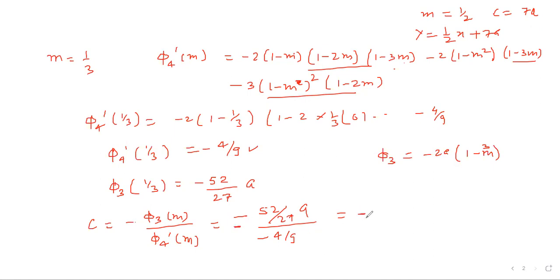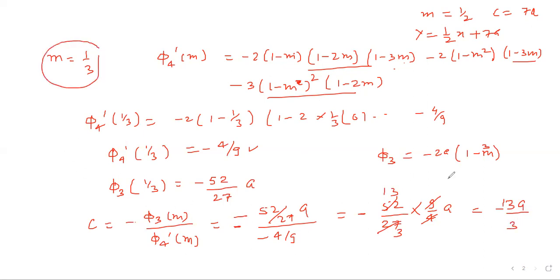It means minus sign will be left, and then this will become 52 upon 27 times 9 by 4. So we have got minus 13a divided by 3. So for m equal to 1 by 3, we have got c equal to minus 13a by 3.